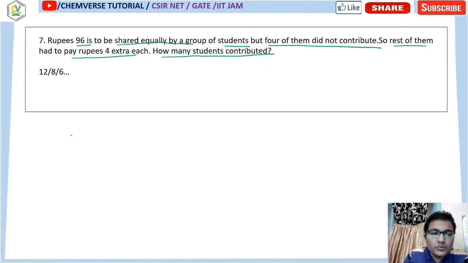So what I can say is that if the total number of students is x, and 96 is the amount which has to be paid by them, then 96 by x is the amount to be paid by each student. Now if 4 of them did not contribute, that means the number of students is decreased to x minus 4.